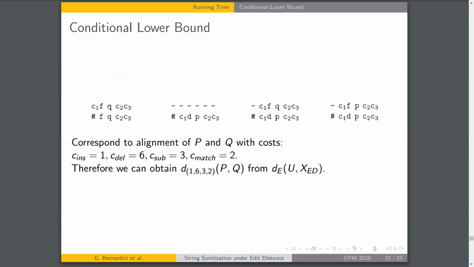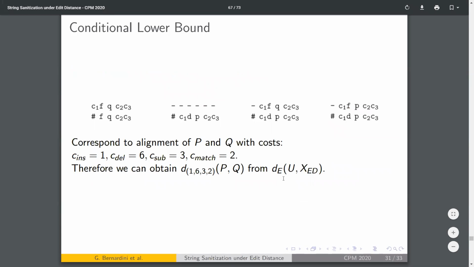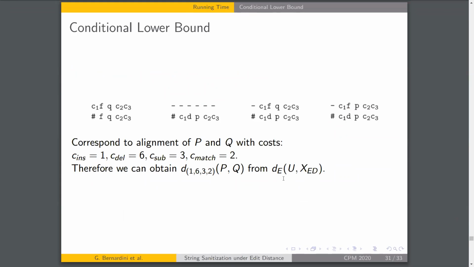This is like insertion into Q, and it has cost 1. This is like deletion from P, and it has cost 6. This is like a substitution, and it has cost 1, 2, 3. And this is like a match, and it has cost 1, 2. Now, these specific cost parameters satisfy the conditions by Brinkmann and Kuhnemann. So we cannot compute the added distance of this part of U in strongly subquadratic time.